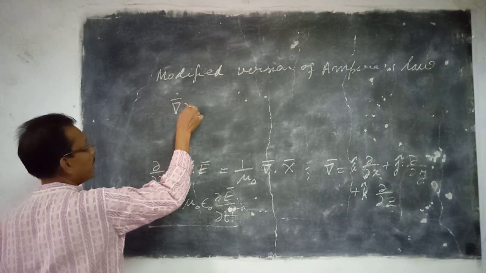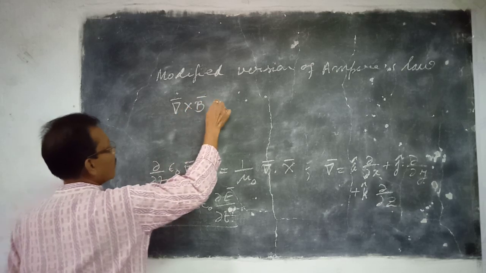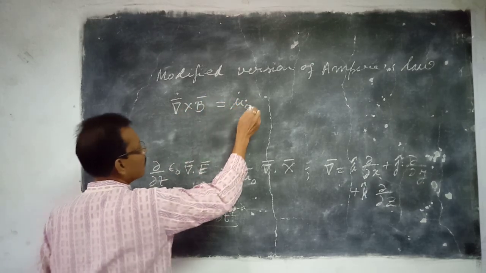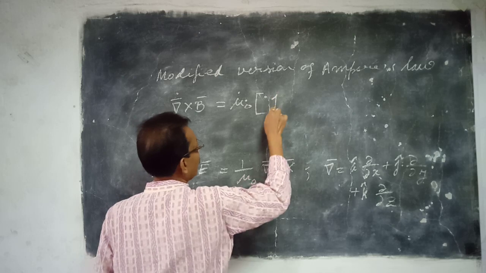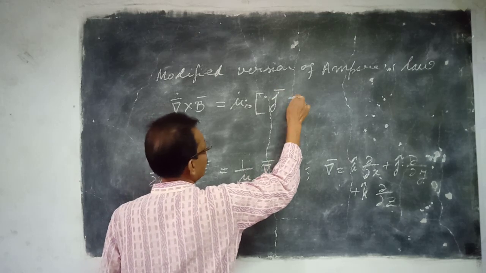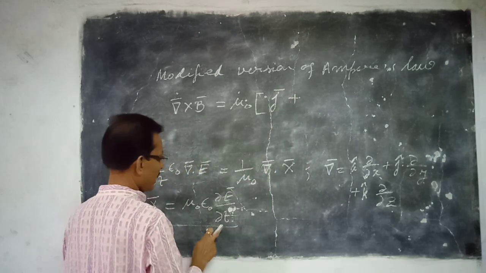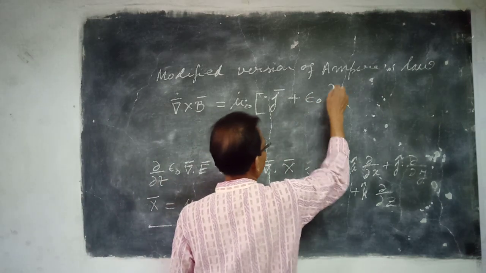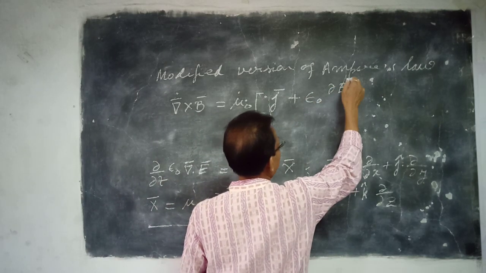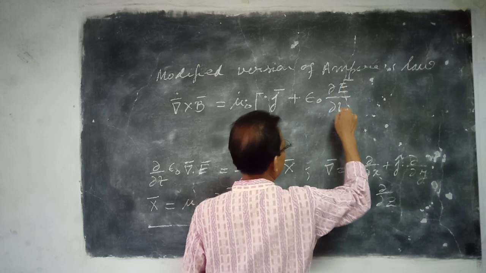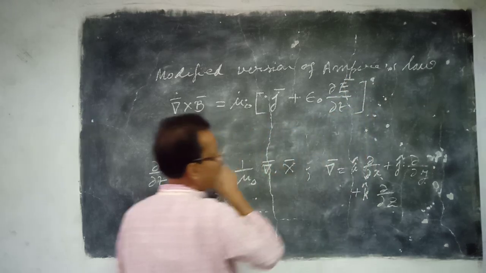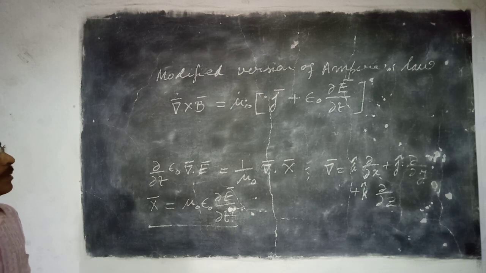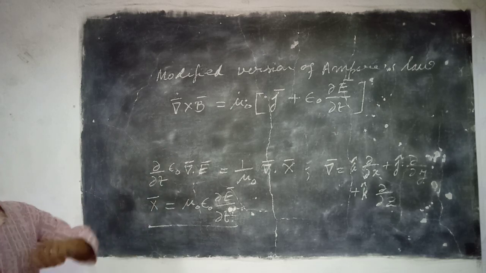Curl of B is equal to mu 0 J plus this X. Mu 0 is taken common, so mu 0 times J plus epsilon 0 del E del t. This is the differential form of the modified version of Ampere's law.